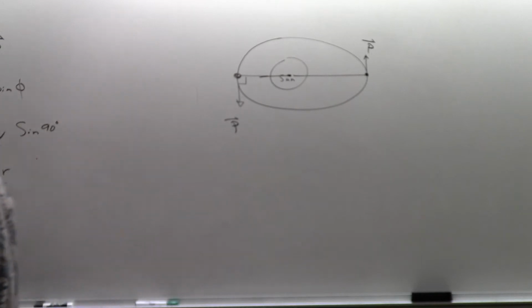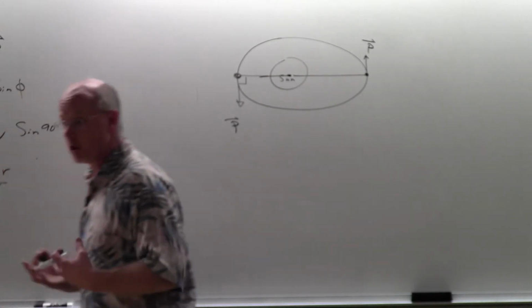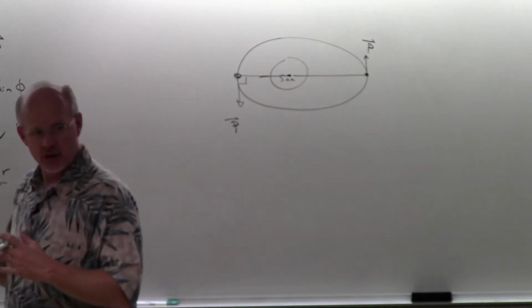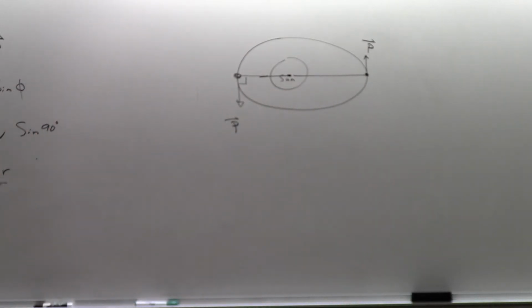So whether it is a perfect circle or not a perfect circle, at these special points, apogee and perigee, and I should know which one's which. The apogee, the close one? Anybody familiar with their astronomy? I'll need to look that one up. But the two names of those, the close one and the far one, are listed there. They only work at the apogee and the perigee. They don't work at the other places.